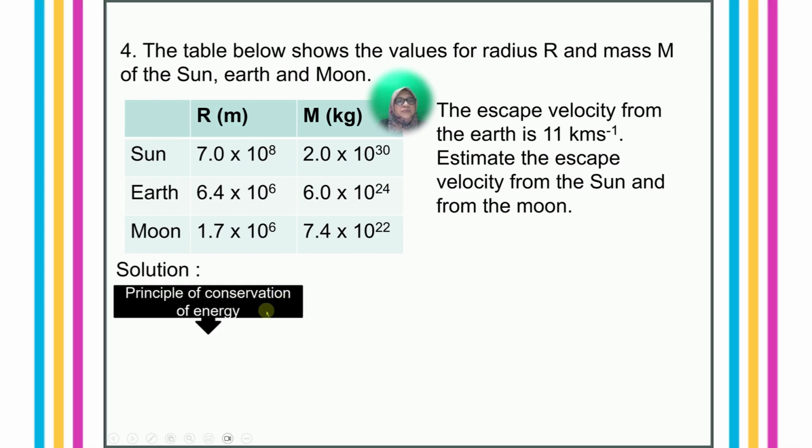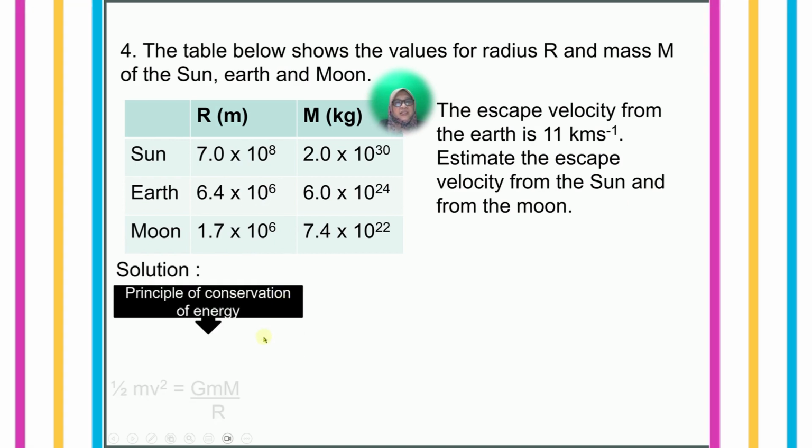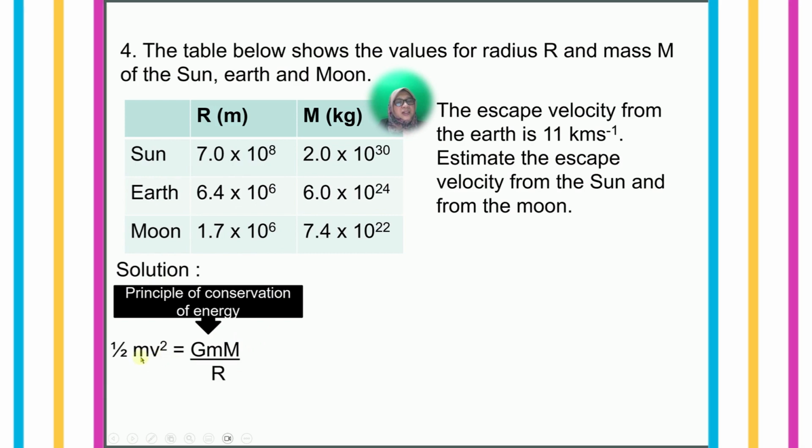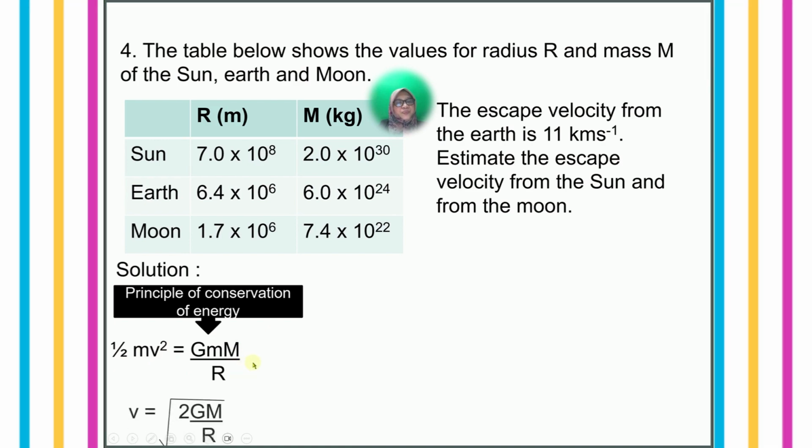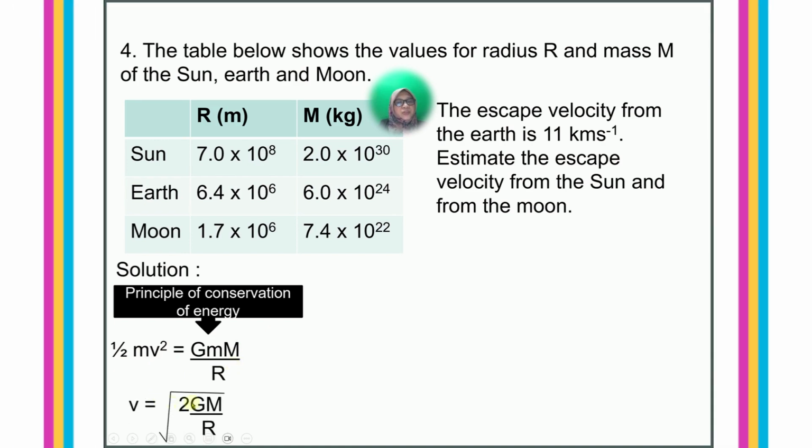So for the solution, we use the principle of conservation of energy. Okay, the change in kinetic energy. So we use half mv squared equals the change in potential energy. So the potential energy is GMm over r. So we get v equals the square root of 2GM over r.